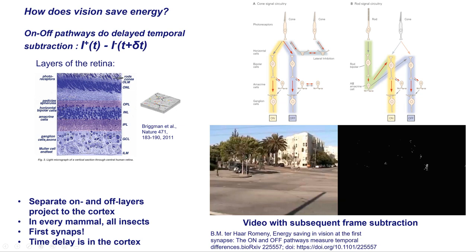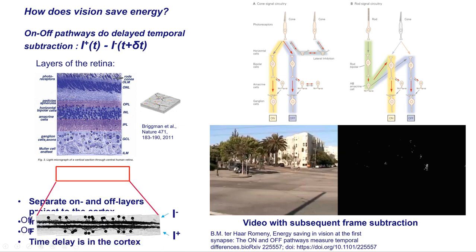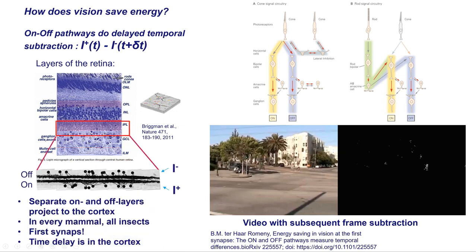And by the way, the same is true for the rods. Why do we have two channels? If we look in the retina, we see what's called the inner nuclear layer. In this layer, we see a very nice separation of the off cells, close to the receptors, and the on cells.